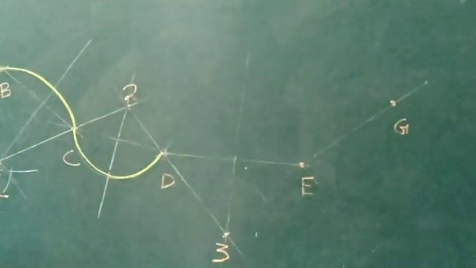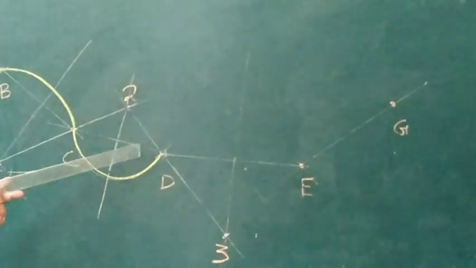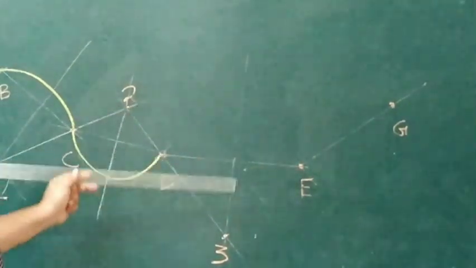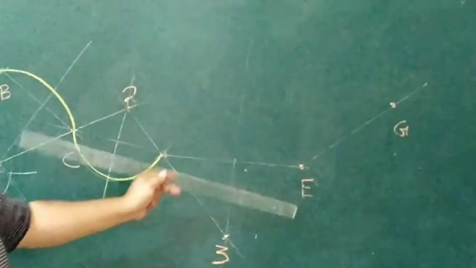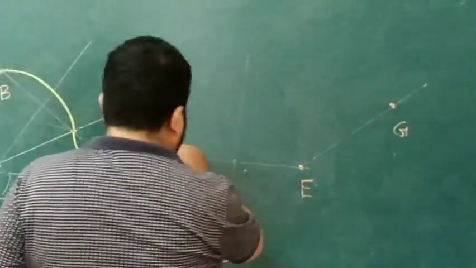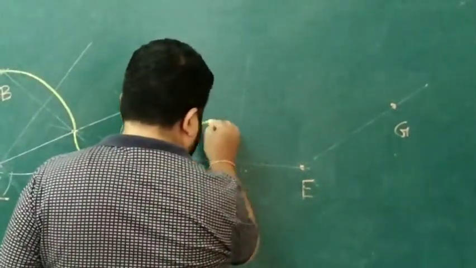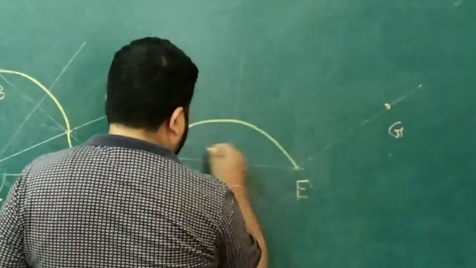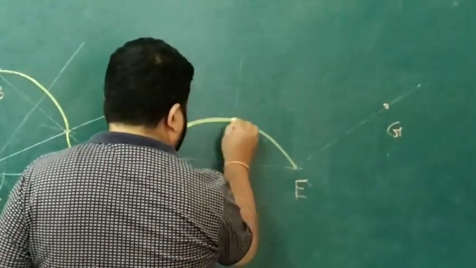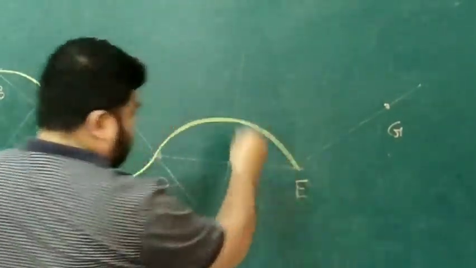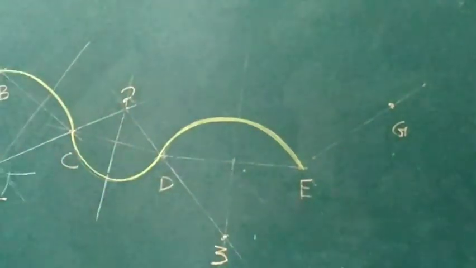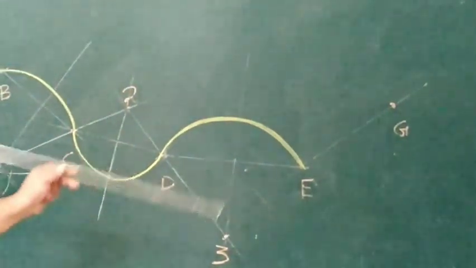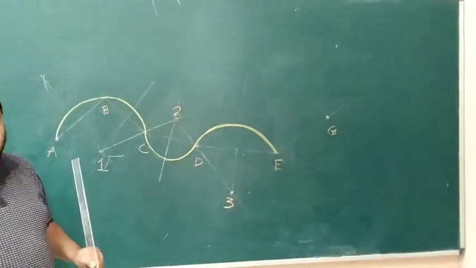Now taking D3 as radius, you draw an arc and it will definitely go and meet at E. This way you are expected to continue and finish the arcs.